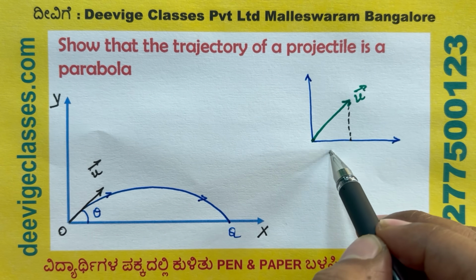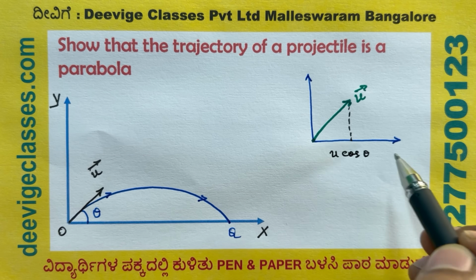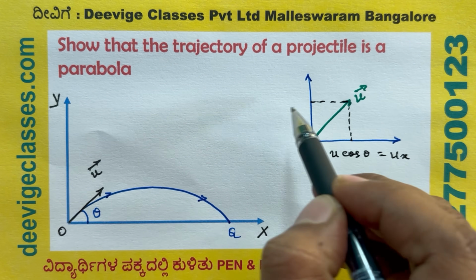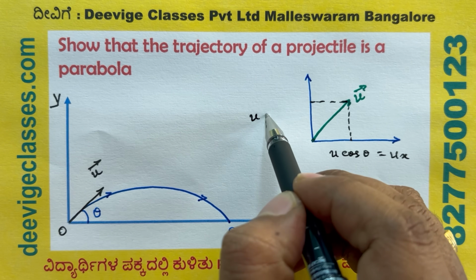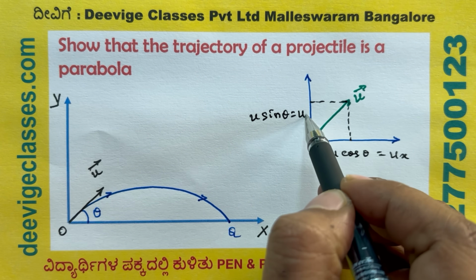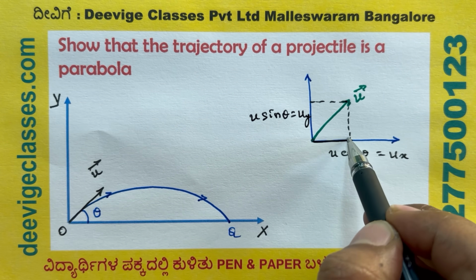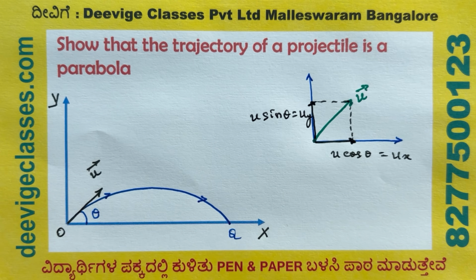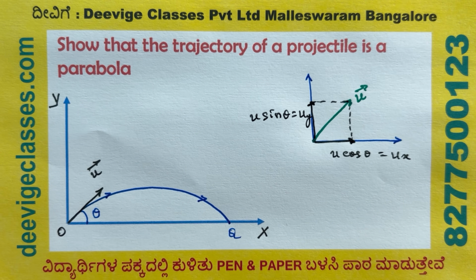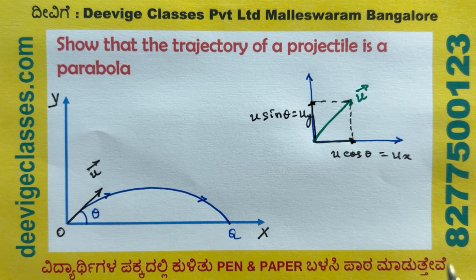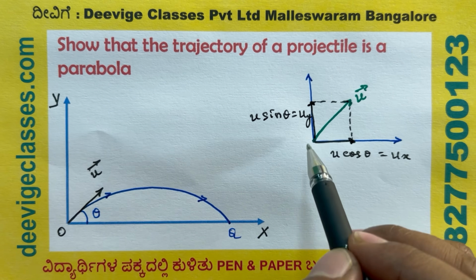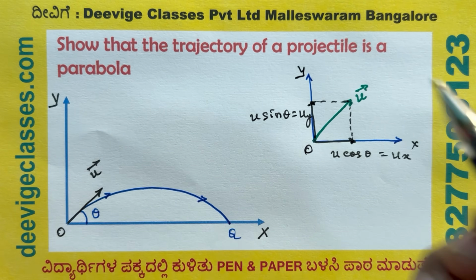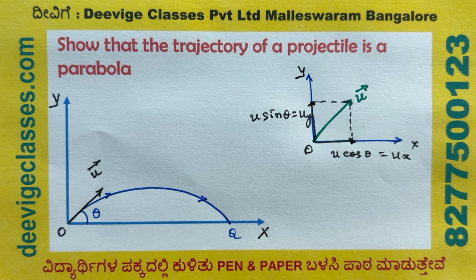One is u cos theta, which is u suffix x, and another is u sin theta, which is u suffix y. So we have resolved the initial velocity into its components along the x-axis and y-axis: u cos theta along OX, and u sin theta along OY.